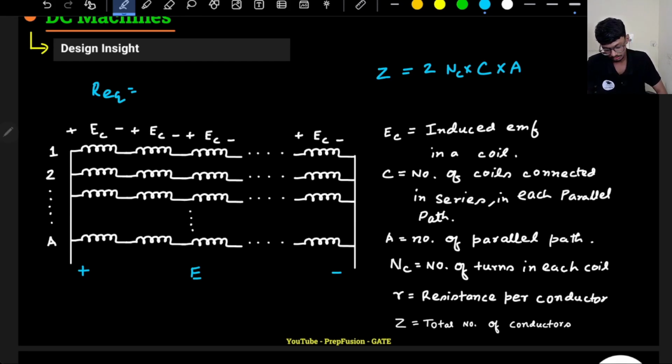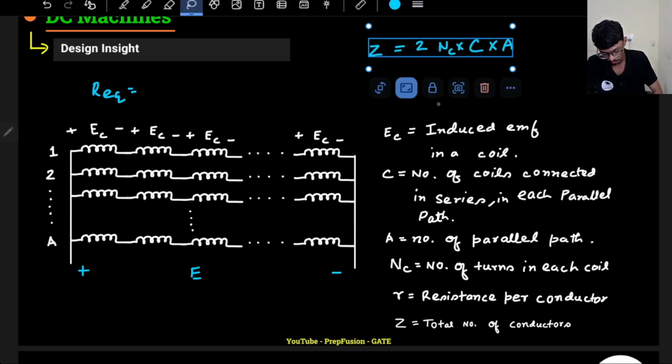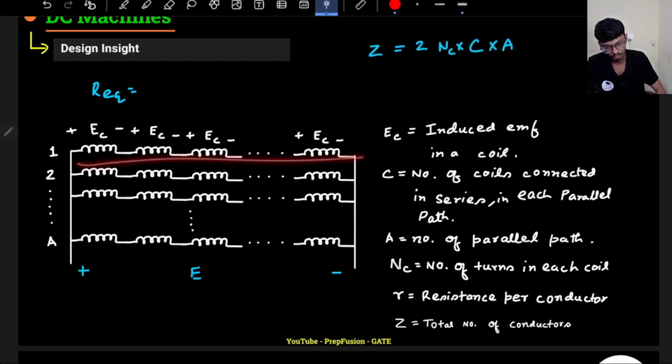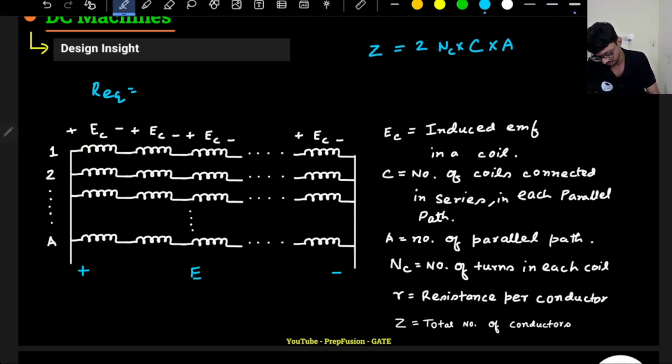Now I will do the same application here. All these coils are in series, so what is the resistance of each coil? There are many turns. Let's say this is a turn, and next I have another turn.